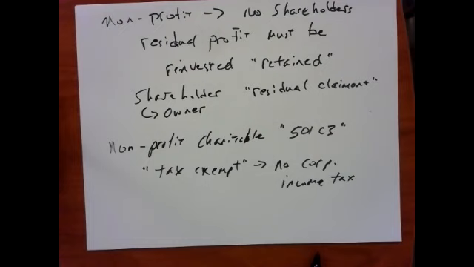So the idea is that money that is not collected in the form of taxes is going to be used by the not-for-profit entity to continue to provide goods and services for the community, which is why they're not being taxed, as opposed to a for-profit entity. The idea being that the taxes taken from the for-profit entity will be used to provide goods and services to the community.